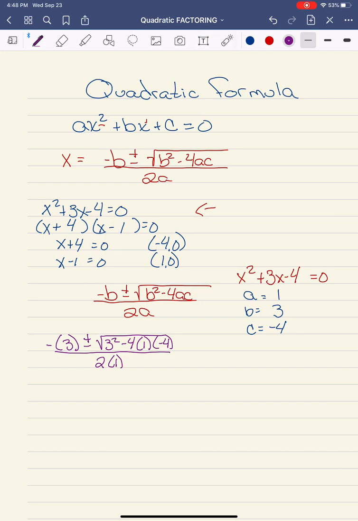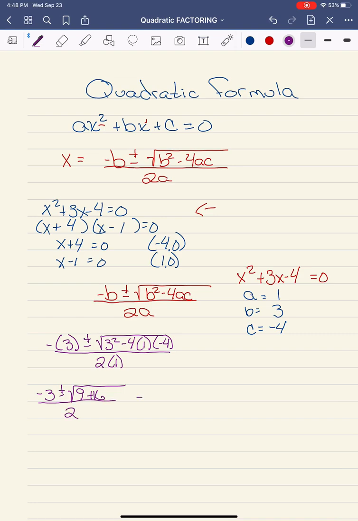So now let's clean this up. Negative 3 plus or minus the square root of 3 squared is 9 minus, negative 4 times 1 is negative 4, negative 4 times negative 4 is 16, all over 2.